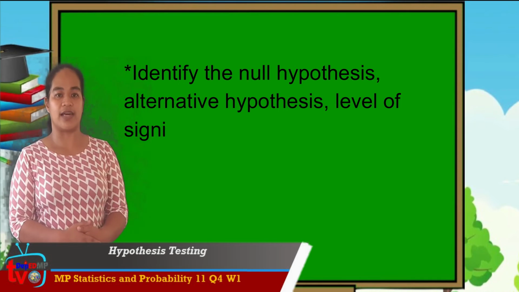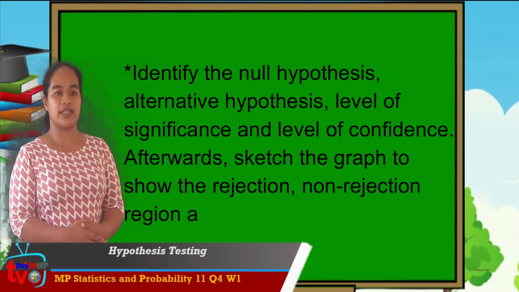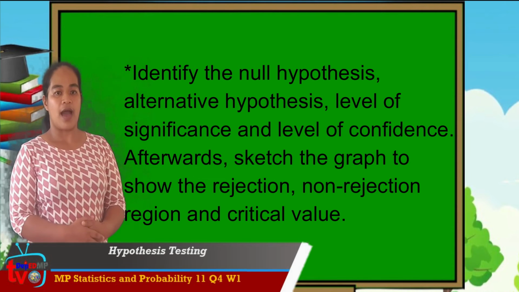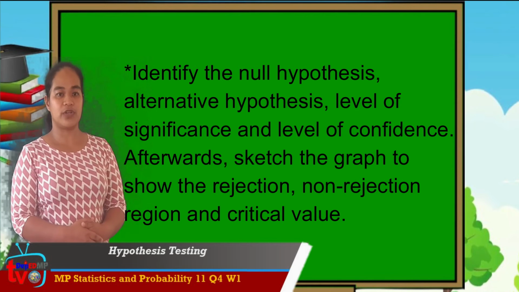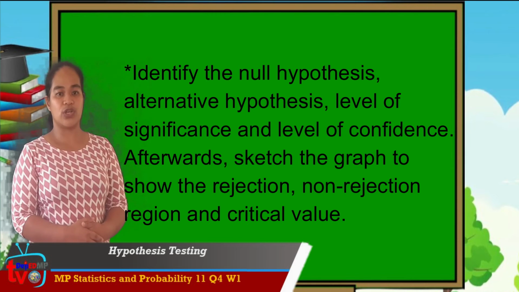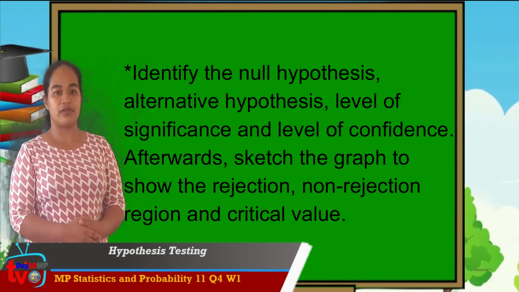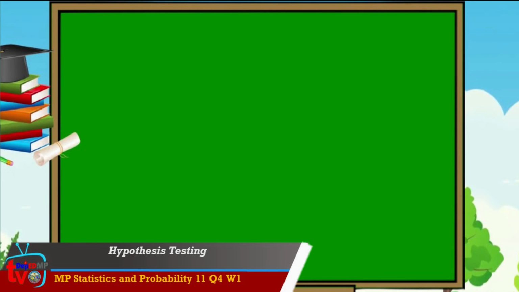For your additional activity, identify the null hypothesis, alternate hypothesis, level of significance, and level of confidence of the following. Afterwards, sketch the graph of each item to show the rejection, non-rejection region, and the critical value.